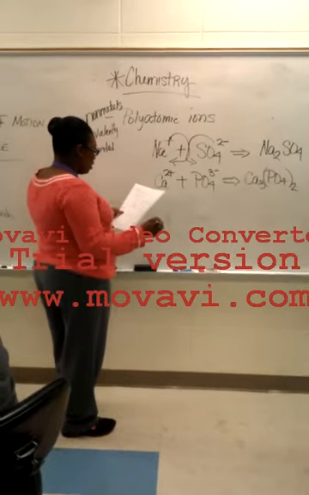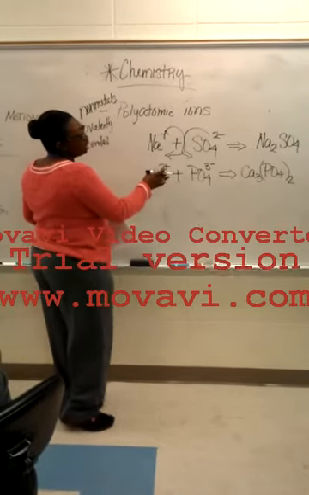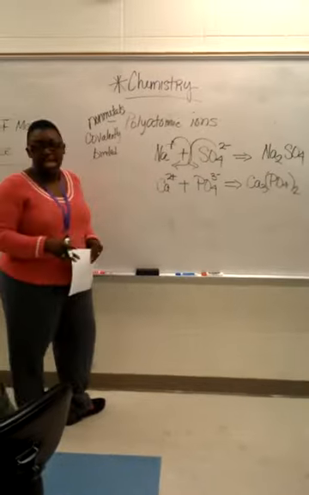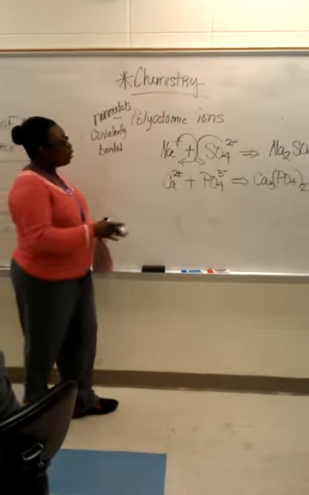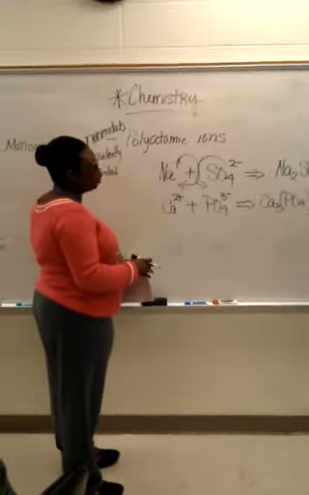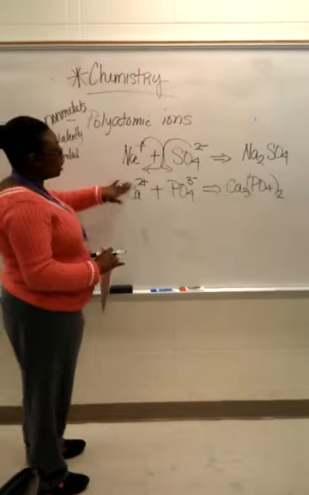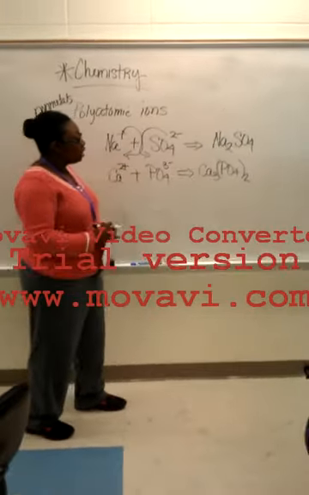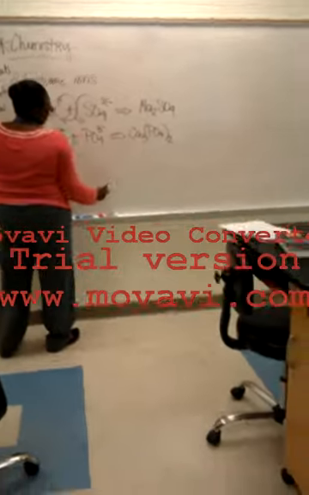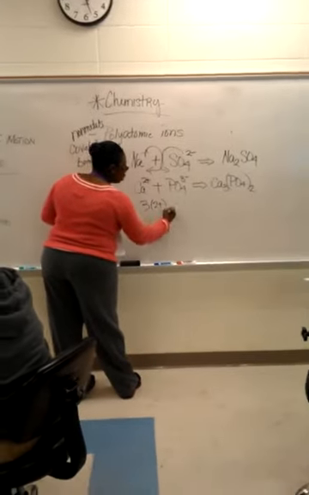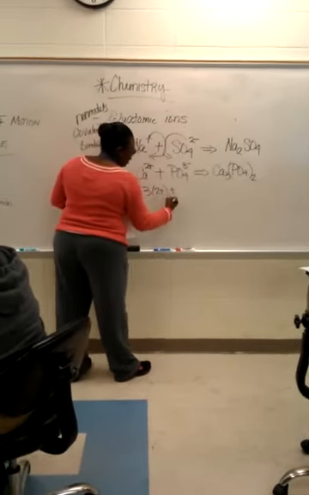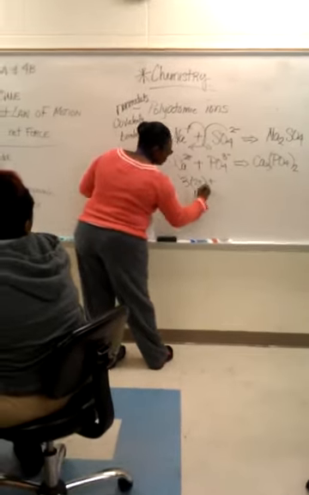Now, the overall gist of your ionic compound is that it has to be neutral, okay? So in order to check and make sure your compound is neutral, you take the charge and you multiply it by the number of elements you have. So in this case, I have 3 calcium, each one of them having a 2+ charge, and that gives me 6+ here.